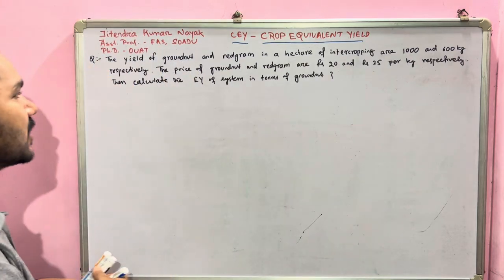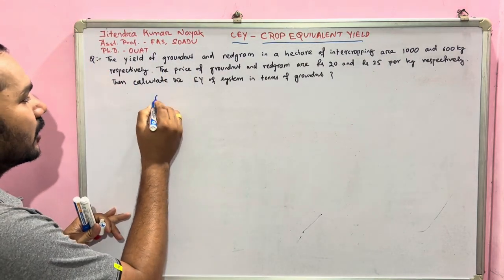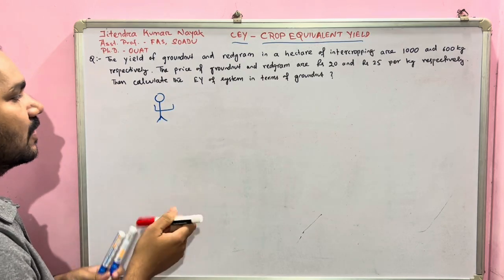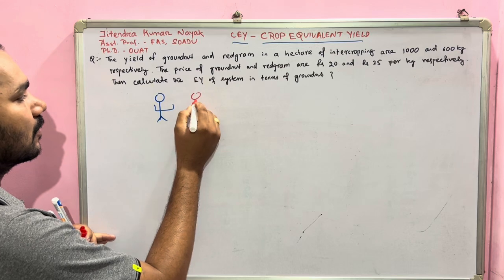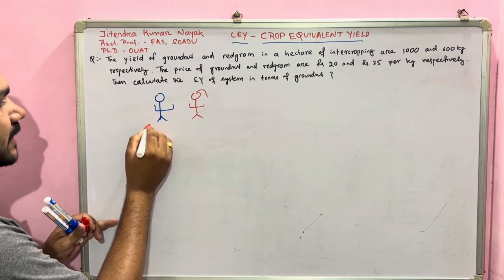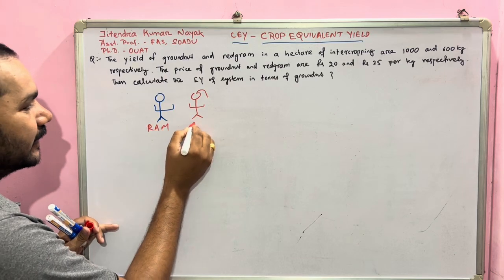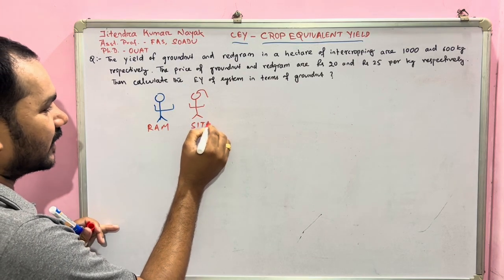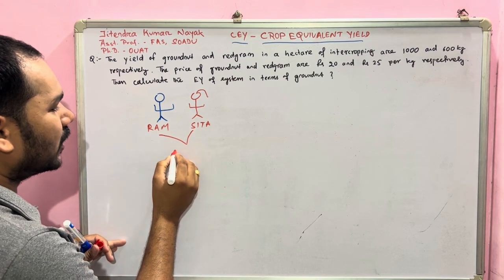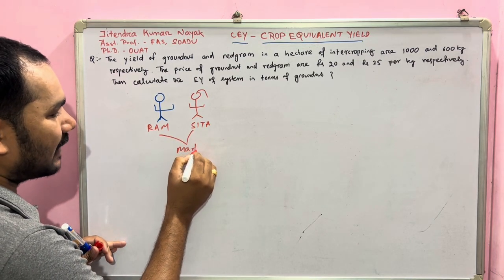Suppose there are two people, one is Ram, another is Sita. Suppose Ram and Sita have gone together to a market.